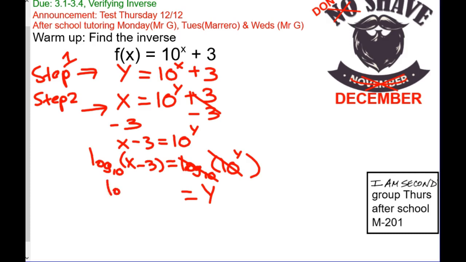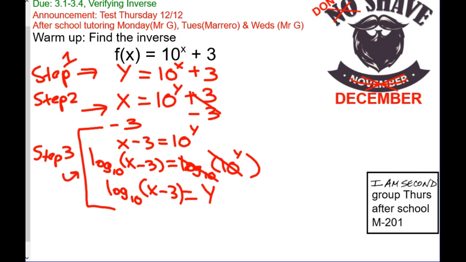So, log little 10 of x minus 3 equals y. Now, all of that was step 3. So does everyone understand what we call step 3? Solving for y. So step 3 was all this.